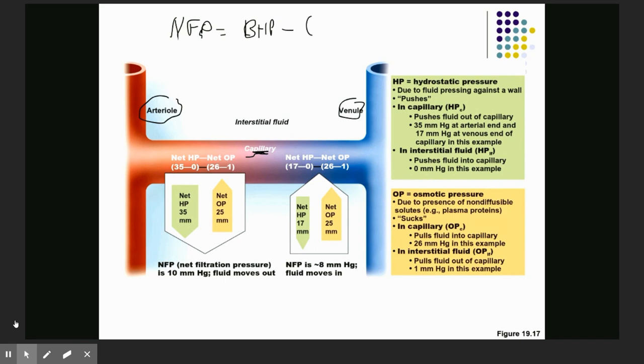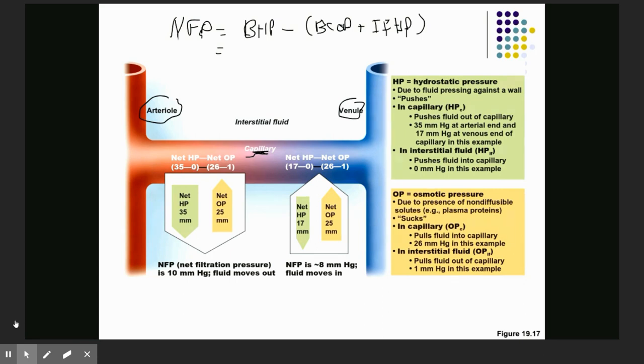And there were 2 of those. One was blood colloid osmotic pressure, and the other one was interstitial fluid hydrostatic pressure. Again, I'm not going to ask you to calculate these, but what I want you to figure out is what the number is.